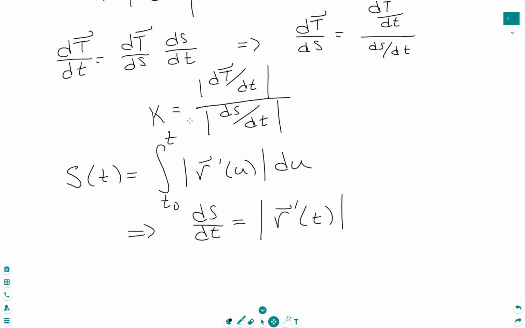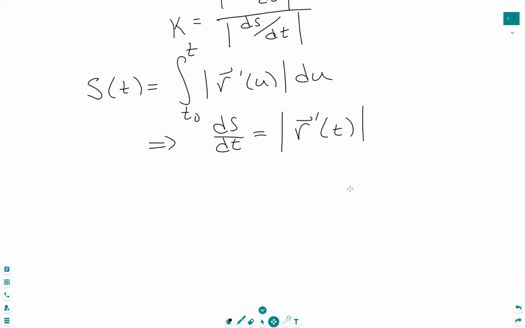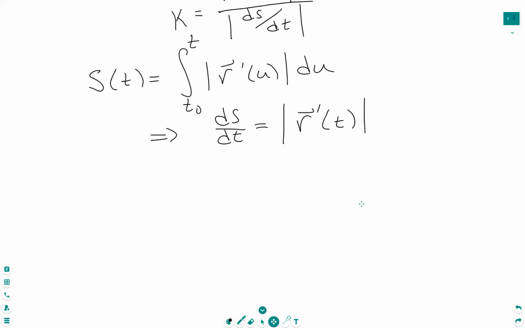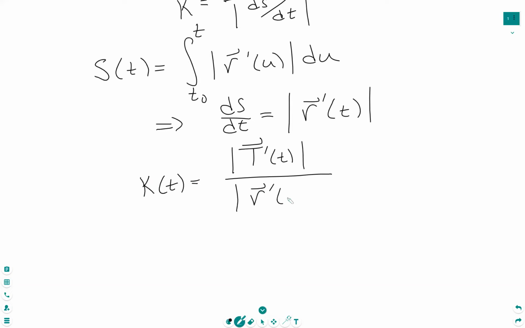And even just taking the magnitude of this is fine because this is always going to be a positive quantity anyway. So with that, we can write that the curvature as a function of time is the derivative of the unit tangent over the speed at time t.